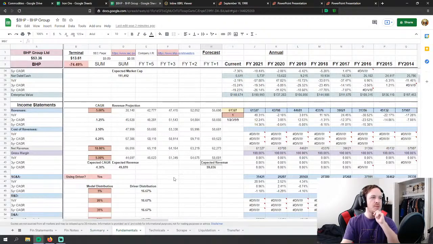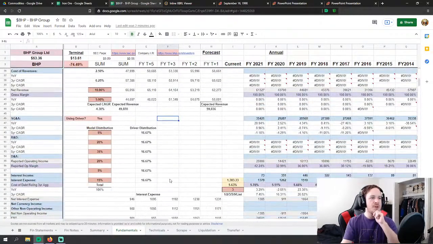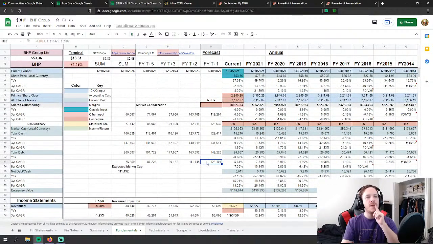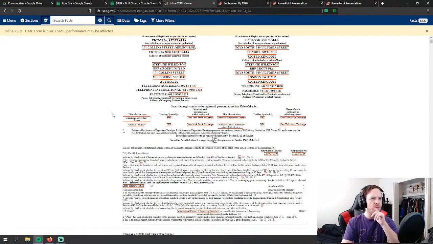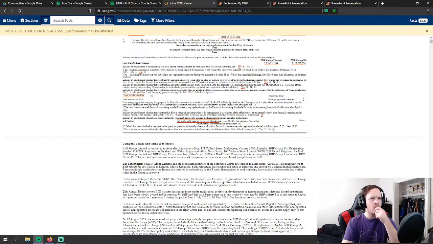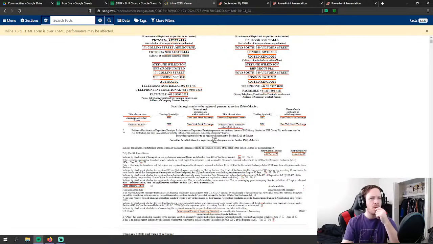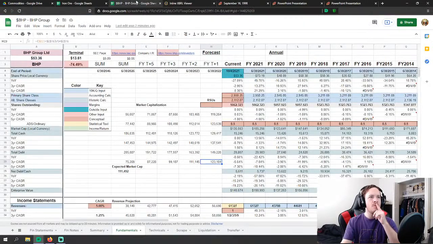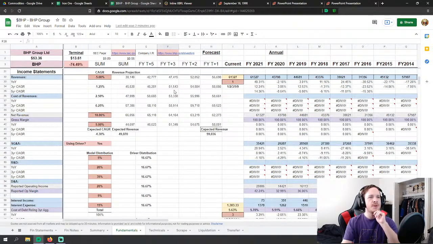Could be it's just extremely overvalued, but generally speaking, if there's that large of a discrepancy, I ask the question, what am I screwing up? But I don't think I am screwing anything up here.